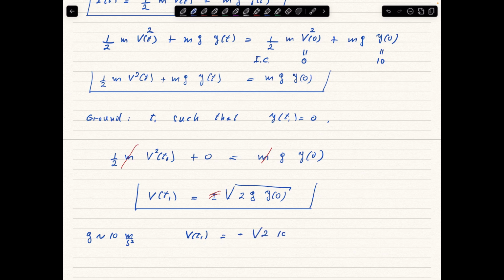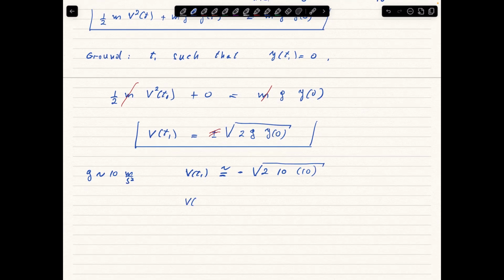of 2 times 10, approximately, and then the initial position was also 10. So we have 10 squared. So we end up with v at T1 approximately the negative square root of 2 times 10 squared. And now that we are approximating, the square root of 2 is approximately 1.414 and something else.